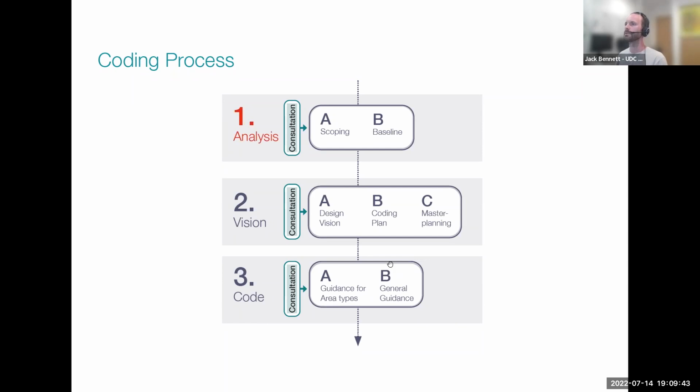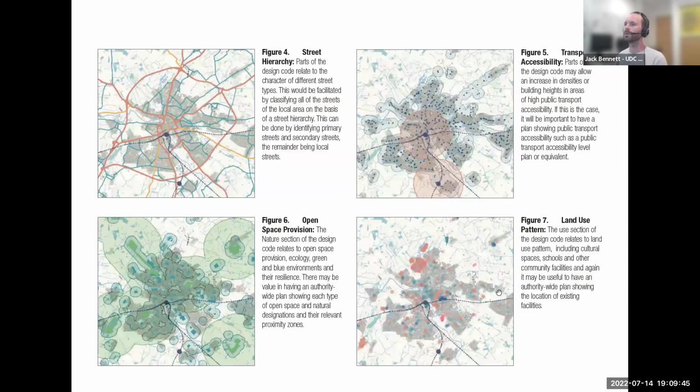So the first stage, analysis. This is what the baseline information's going to look like, the kind of things we're going to look into. Street hierarchy, where the primary streets are, where are the more quieter rural lanes. Transport accessibility, understanding where it's got better public transport, where's more remote, where the gaps might be.